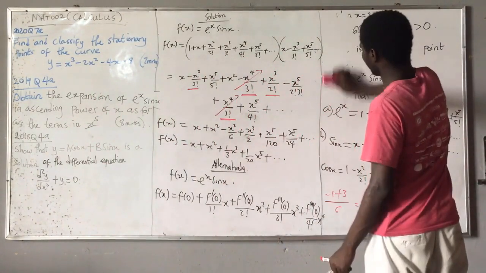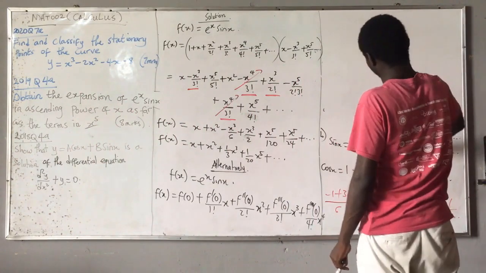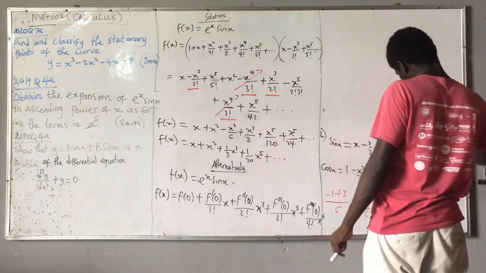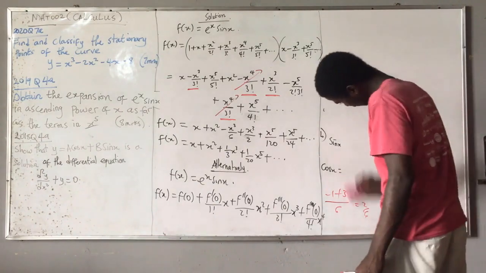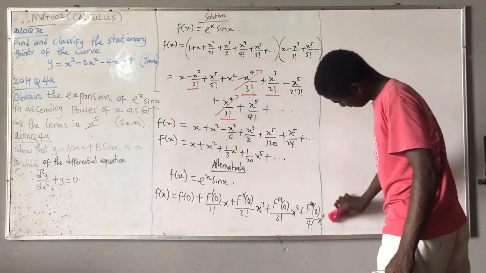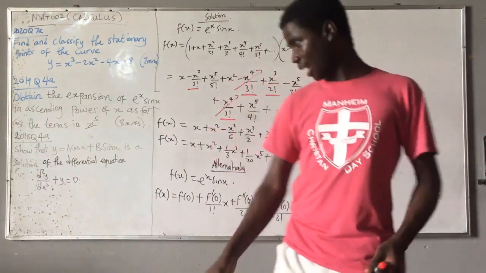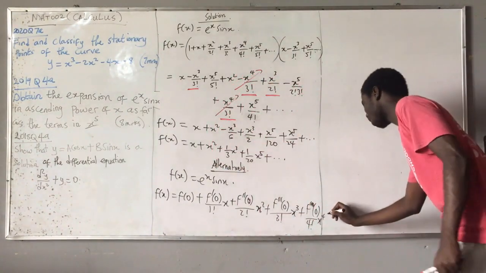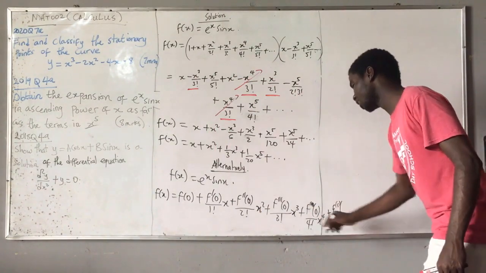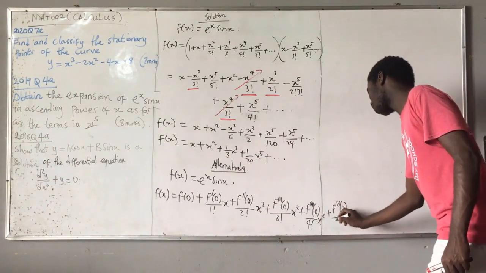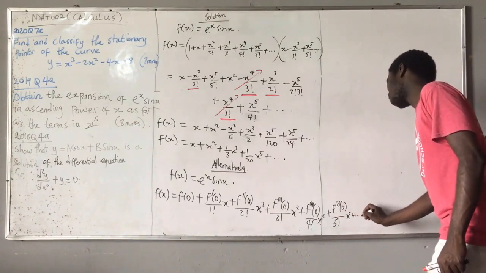So lastly, let's go to the last one. Let me just write it here, plus f5, all this one means differentiate 5 times, all over 5 factorial s raised to power 5, and it still continues like that actually.